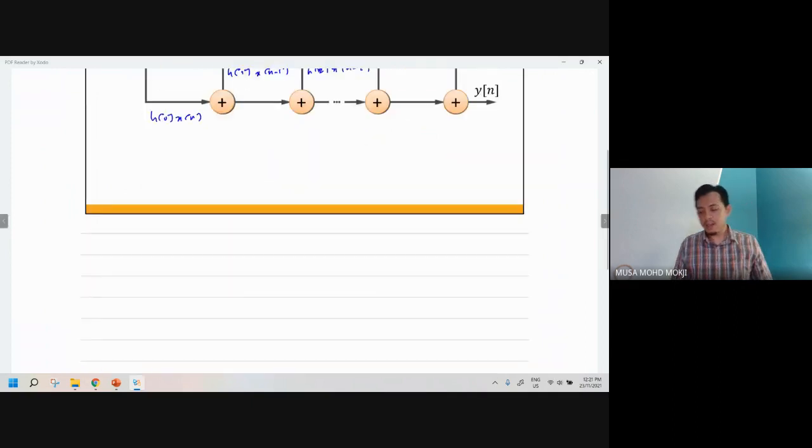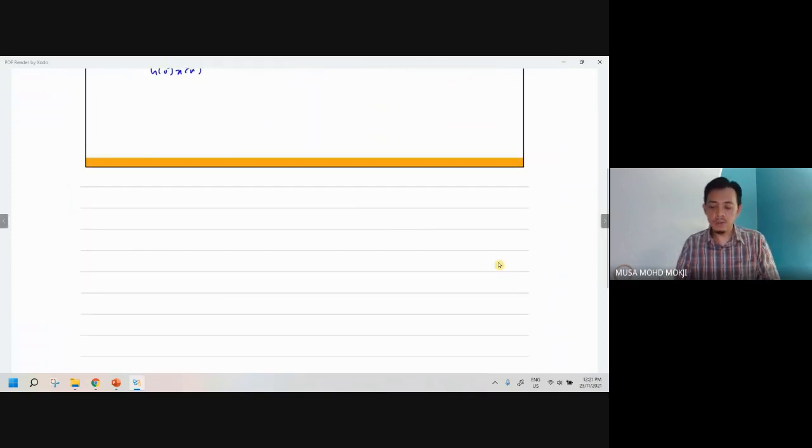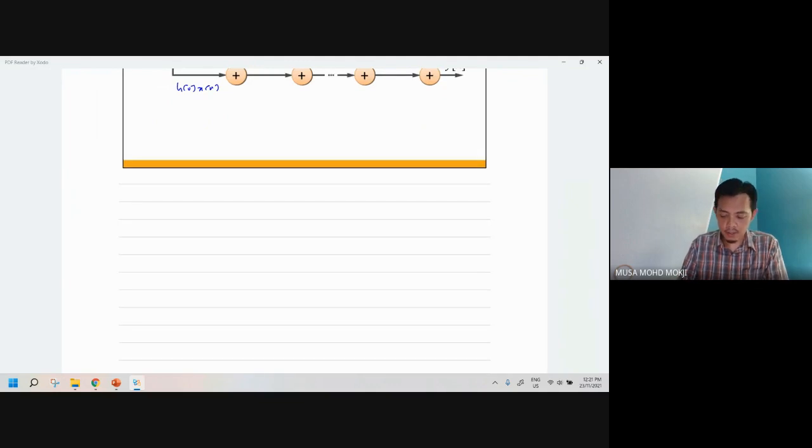Sometimes this structure is also drawn differently. Let's see one example. Let's say we have 2xn plus 3xn minus 1 minus 3xn minus 2.